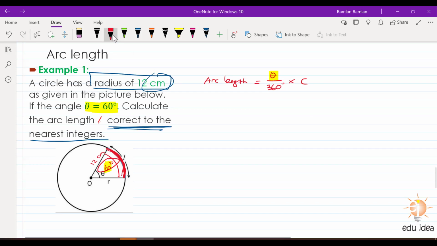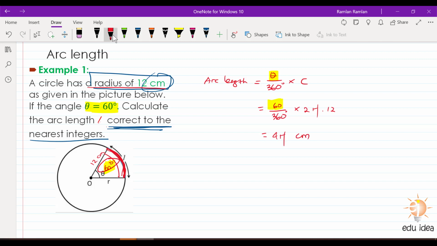So just plug in the 60 for theta here, which is 60 over 360, again from here, and then times it with the circumference of the circle, which is 2 pi r. So 2 times pi times, we already know that the radius is 12 centimeters. Just use your calculator and you'll get 4 pi centimeters.